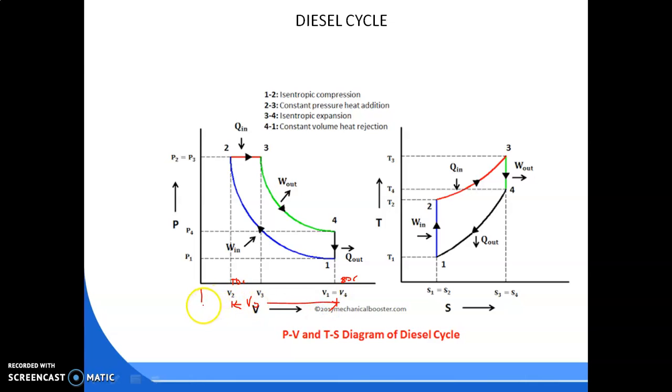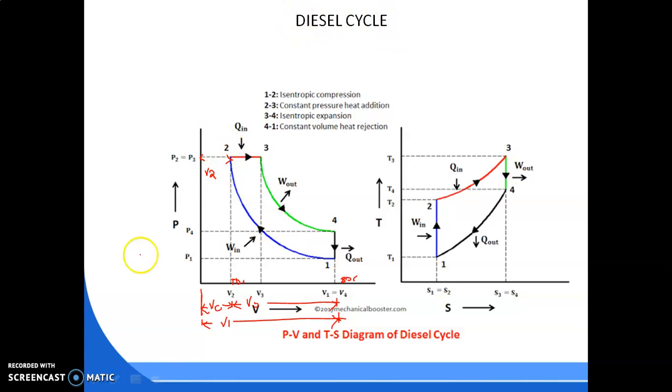When the piston is at top dead center, the volume between the piston and the cylinder head is known as which volume? Clearance volume. So clearance volume plus swept volume gives you the total volume, that is V1. Okay. Then Vc is equal to how much? Vc is equal to V2 here. Okay.